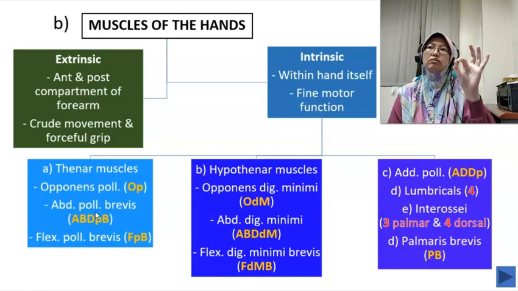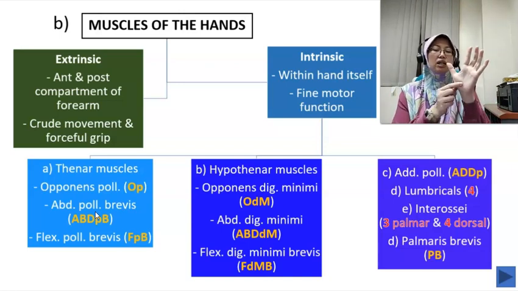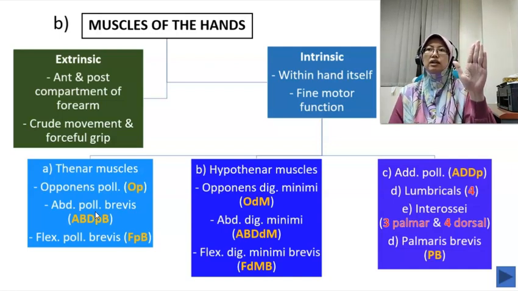Thumb ni adalah opposition, this action kita namakan dia opposition. So opponens pollicis, abductor pollicis brevis, dan flexor pollicis brevis. So semua pollicis dekat thumb.